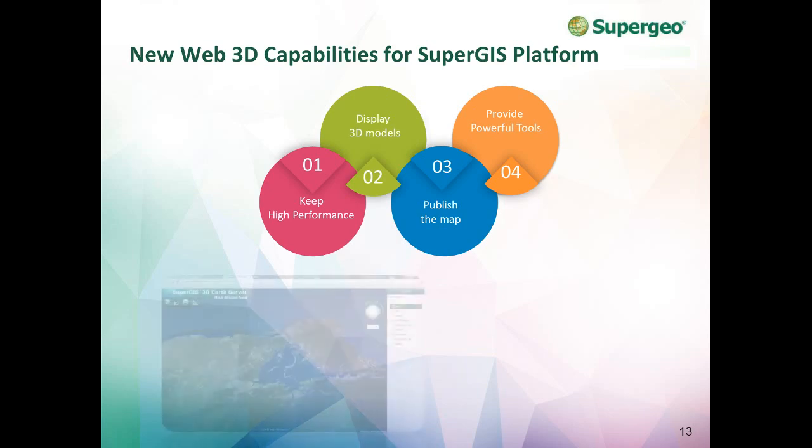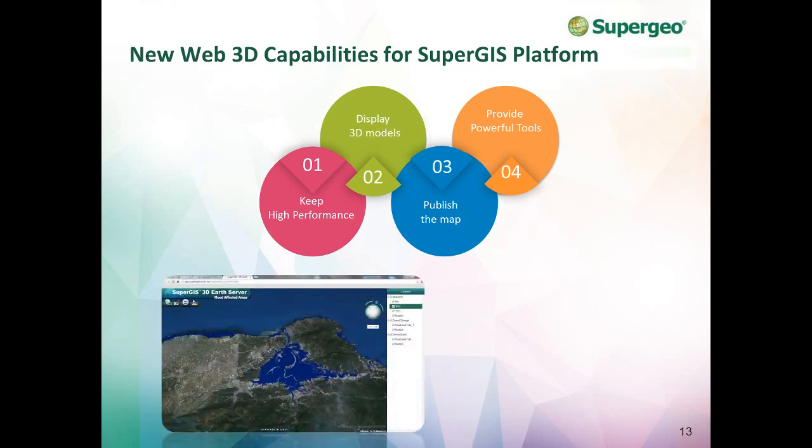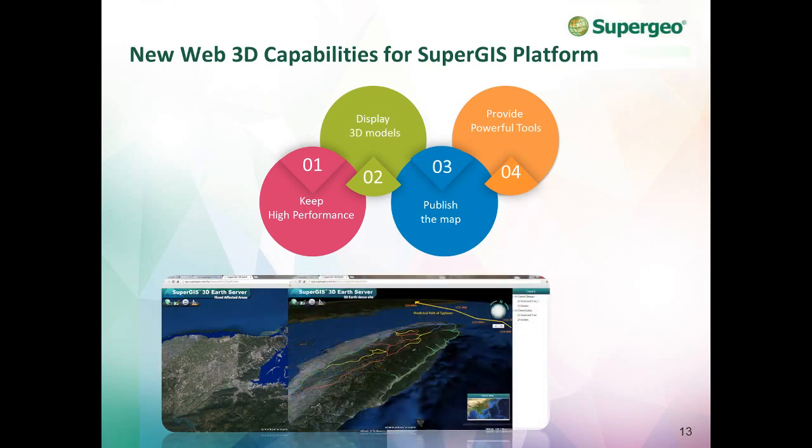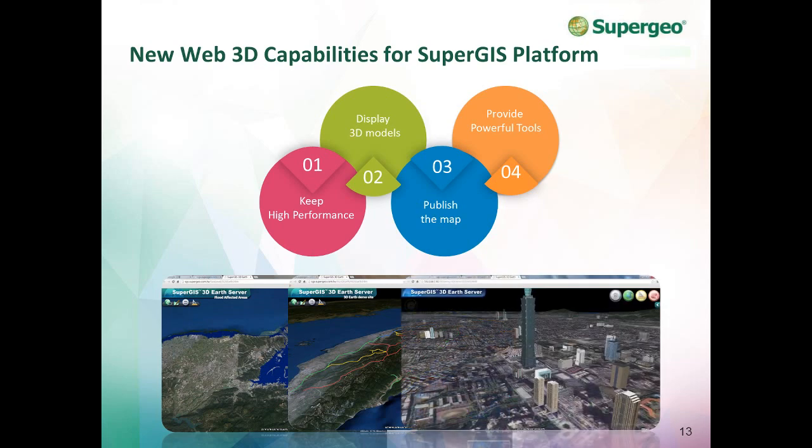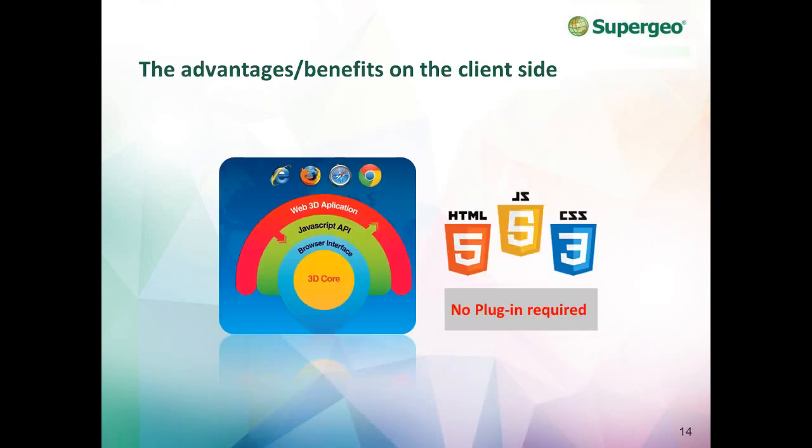Our 3D server provides high performance, and you can share and display the 3D models on the fly, allowing users to get more services from everywhere and perform powerful GIS solutions on the 3D platform. Moreover, SuperGIS supports major browsers such as Chrome, IE, Safari, and Firefox. The technology uses JavaScript, CSS, and HTML5 without any plugin issue. That is very important for our SuperGIS 3D products.